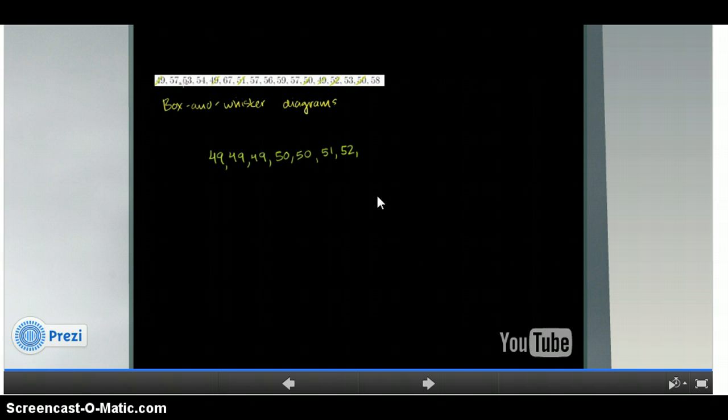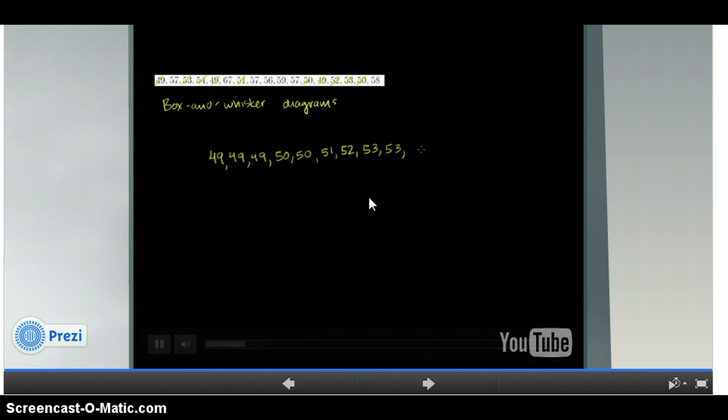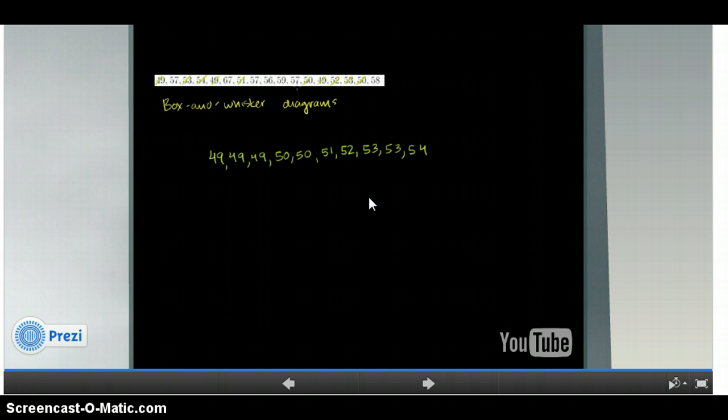A 53. I have two 53s. 54, there's one. I don't have any other ones. 55, I don't see a 55 here. 56, I see a 56 right there. And then 57.